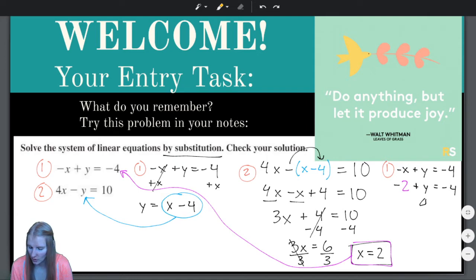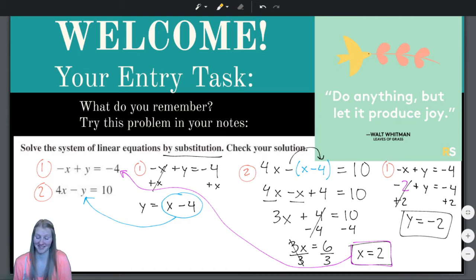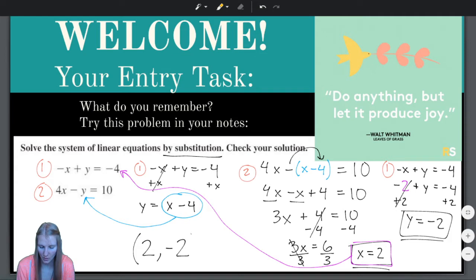All right, so to solve for y, I need to add 2 on both sides, and y equals negative 4 plus 2, which is negative 2. Ta-da! Now we're done, because I have x equals and y equals. So my final answer is (x, y), or (2, -2).